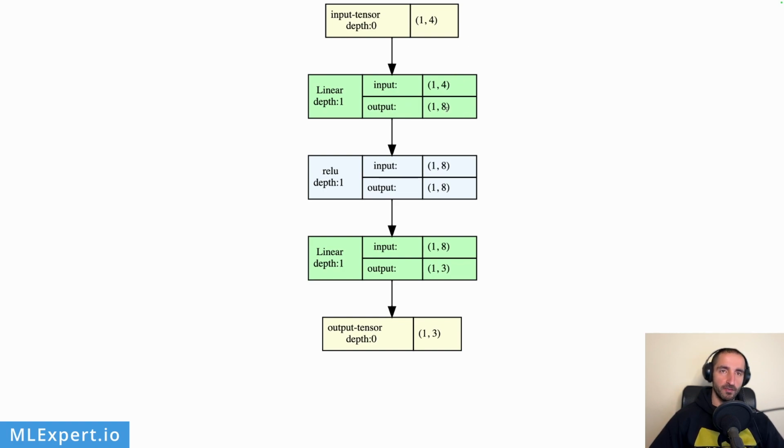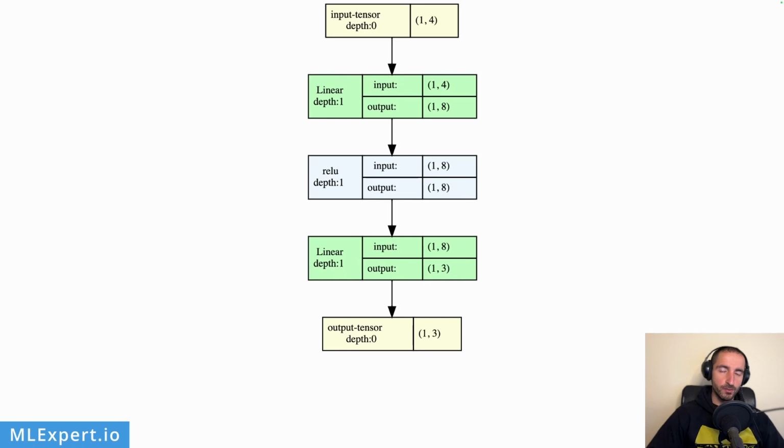Then we have the first hidden layer with 8 neurons. Then we have this thing called ReLU, which is actually not a layer, and I'm going to show you what it is in a bit. And then we have this second linear layer, which again is going to have 8 neurons. And for the output, we are going to have 3 neurons. So it's going to be a bit different compared to the example that I've shown you.